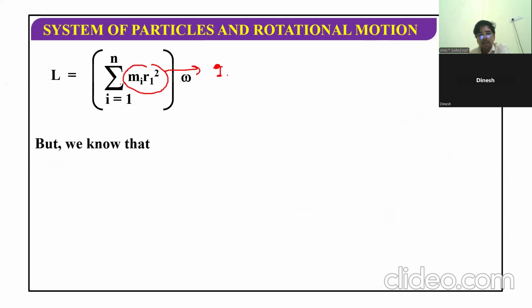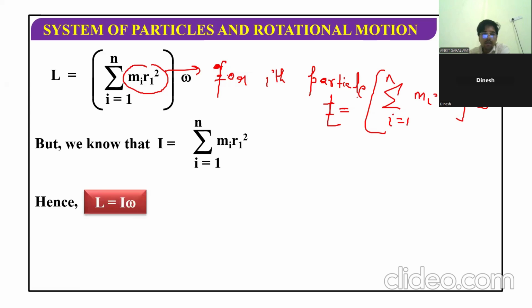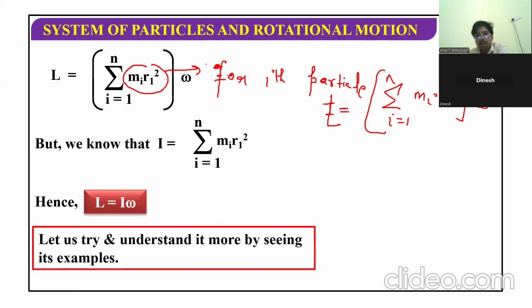Once you sum it up, you will get the total moment of inertia, that is I, the sum from i equals 1 to n of m_i r_i square. So L will be I omega.